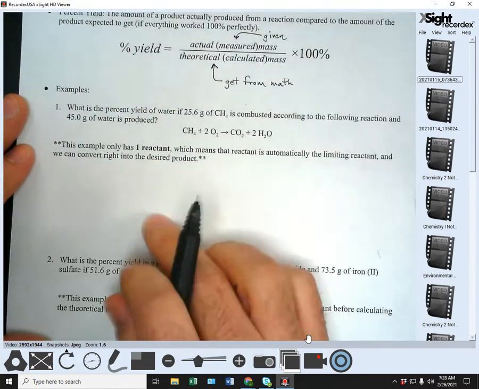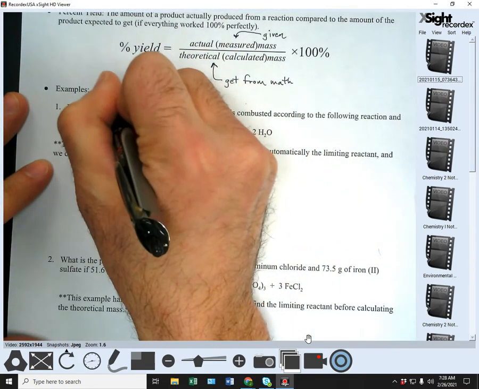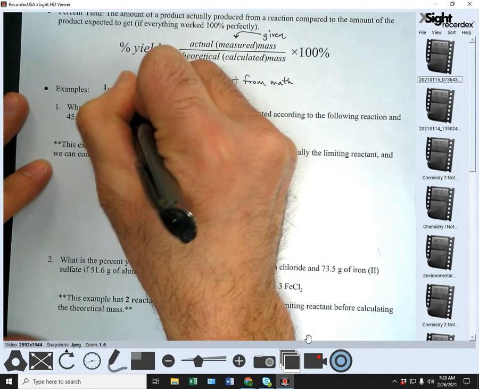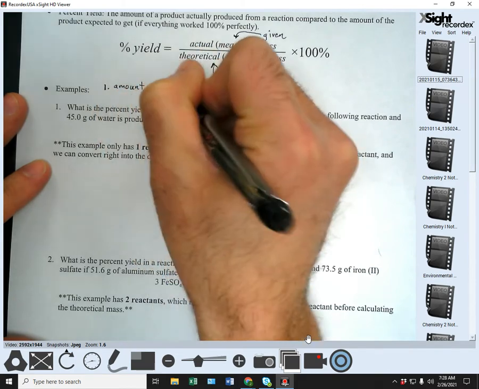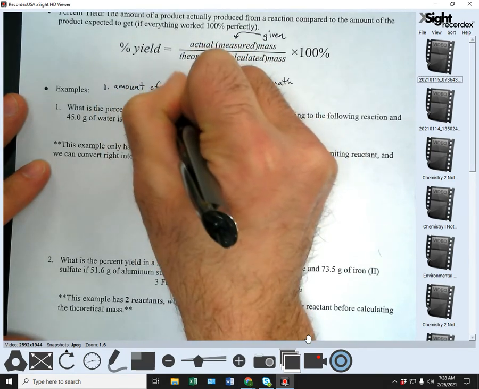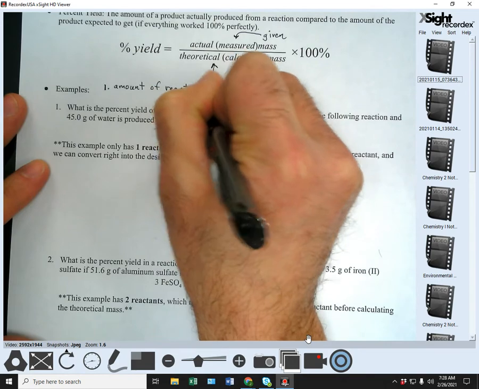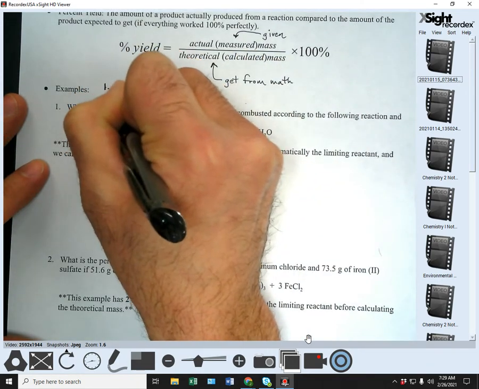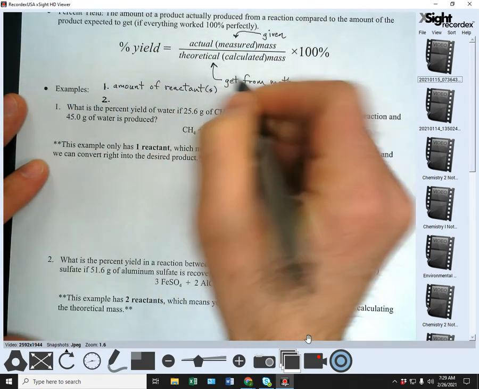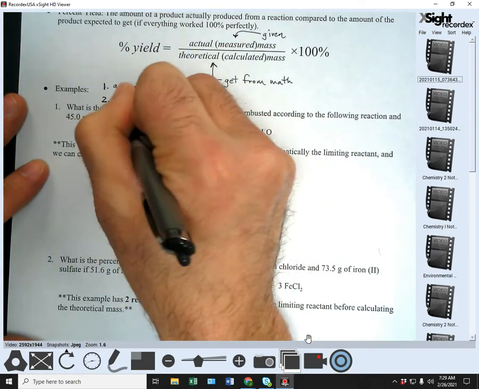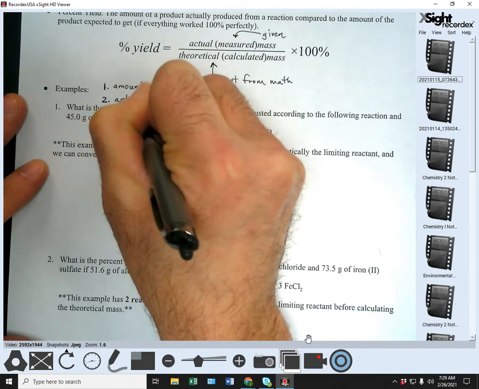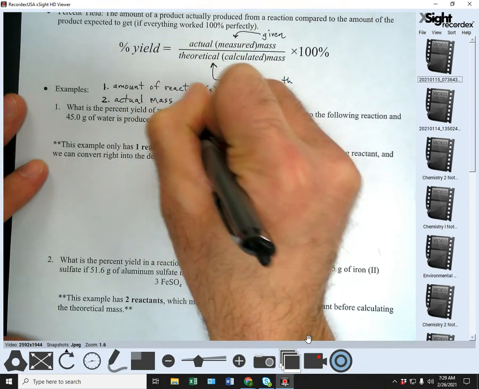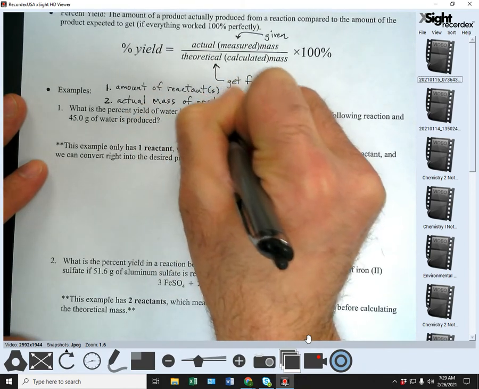One is the amount of reactant or reactants. Two is the actual mass of a product.